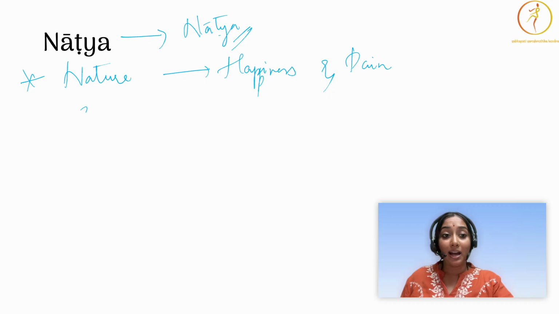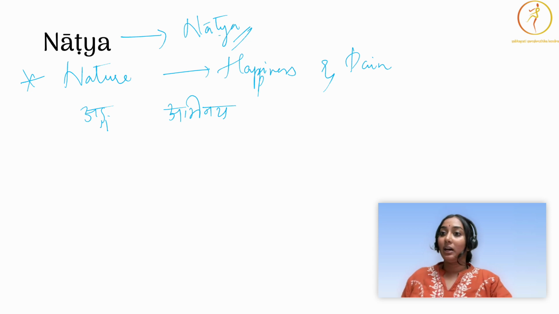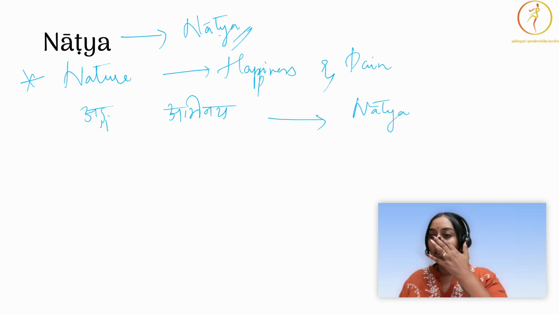So you use your anga or your body, and through your body you do abhinaya, or abhinaya can also be done through arya. Through your body movement and through abhinaya, which you represent, that is called Natya. This is told by Bharata. Let's see what he next says.